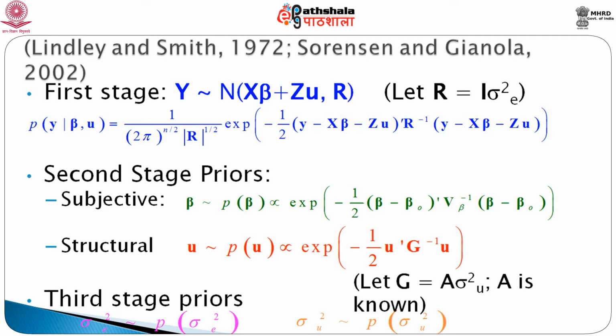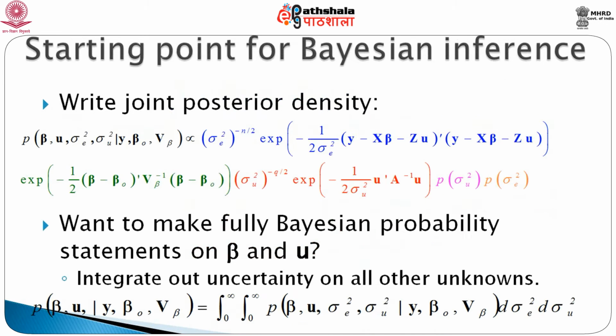Now still there remain some hyperparameters like sigma_e squared and sigma_u squared in the second stage. So all these hyperparameters are there, and for them we need to assume some priors. So I assume that sigma_e squared has a certain prior p(sigma_e squared), and sigma_u squared has a certain prior p(sigma_u squared).